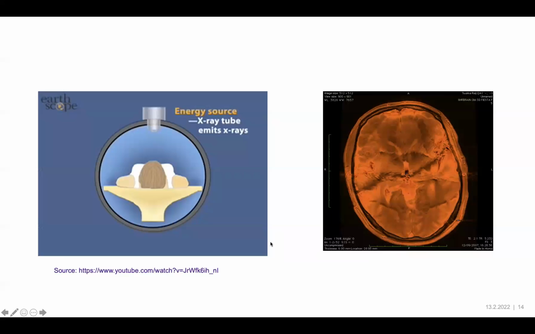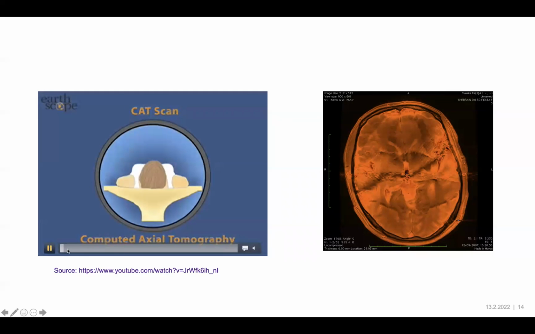So for that, what we can do is electron tomography. We are all familiar with computed tomography or MRI imaging. What happens in computed tomography is you have the sample or the patient here, and then we have the source and the detector, where the source and the detector are rotating while the sample is stationary.